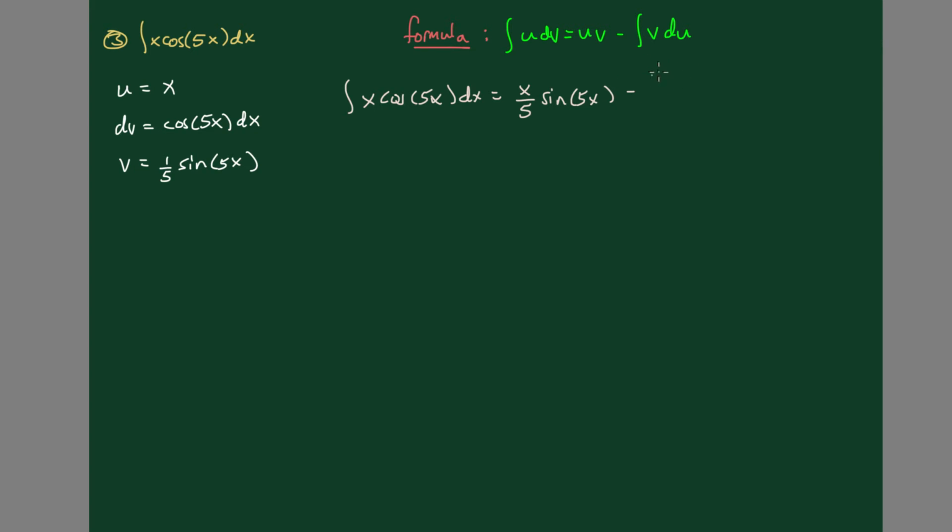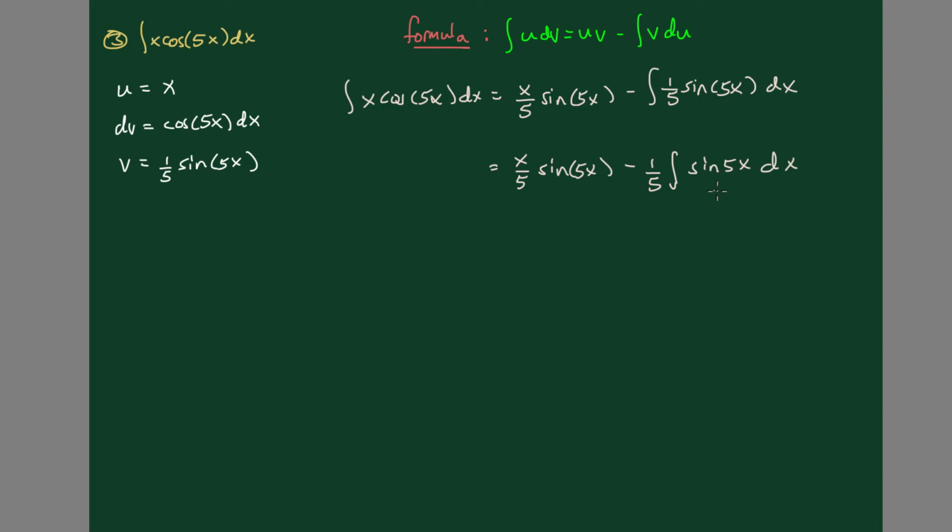So this is going to be minus the integral of v, which is 1 over 5 sine of 5x, and then du, the derivative of x, so it's just 1 times dx. So we can write this as x over 5 sine of 5x, and then I'll bring out my 1 over 5, and I'm going to integrate sine of 5x dx.